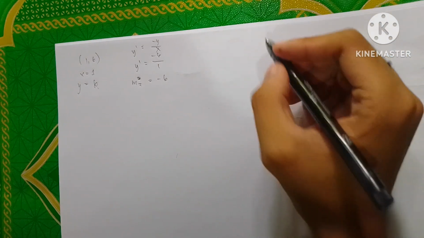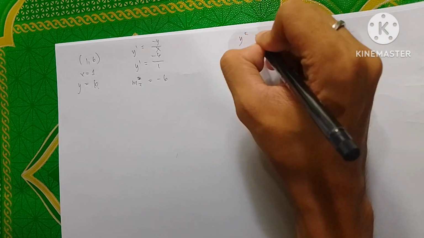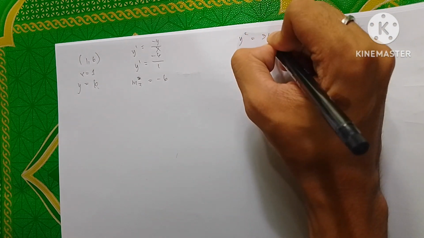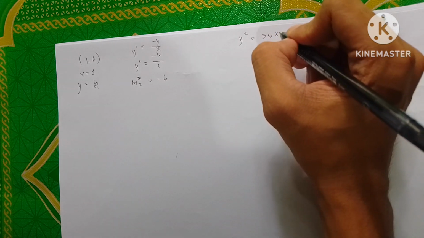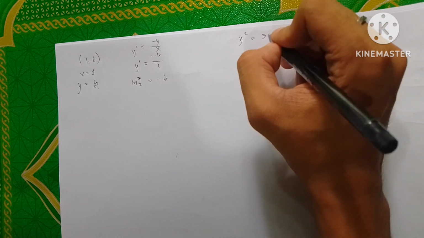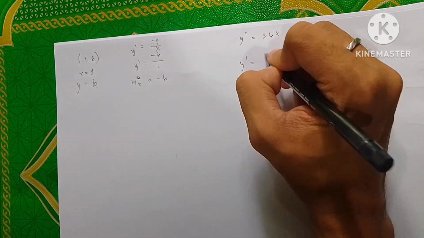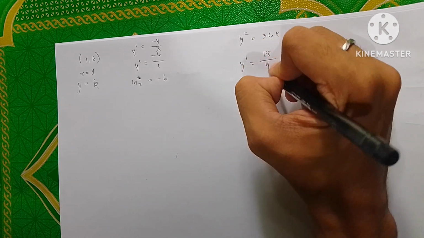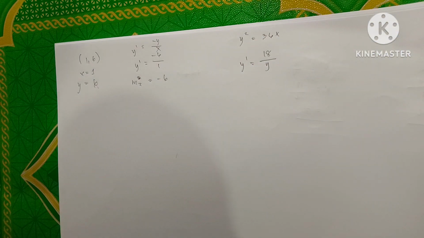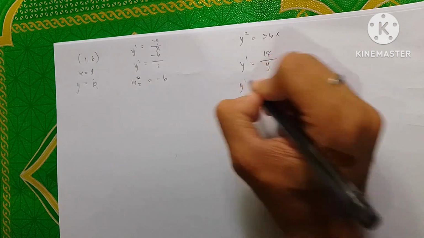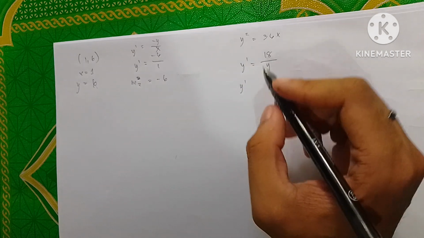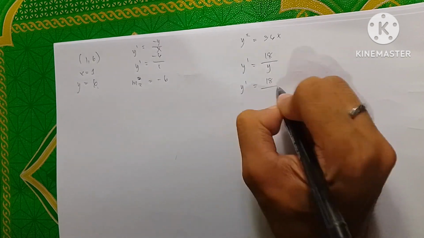Next is y squared equals 36x, whose derivative is y prime equals 18 over y. Substituting y by 6, we get y prime equals 18 over 6.